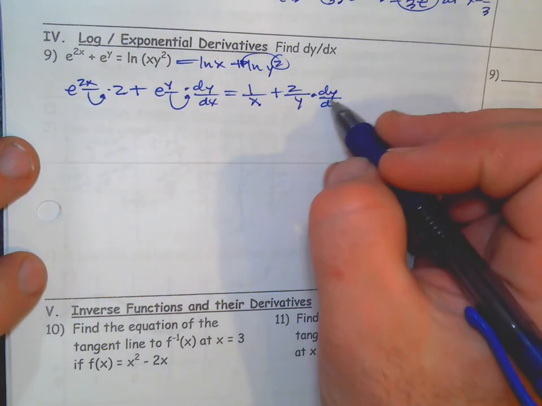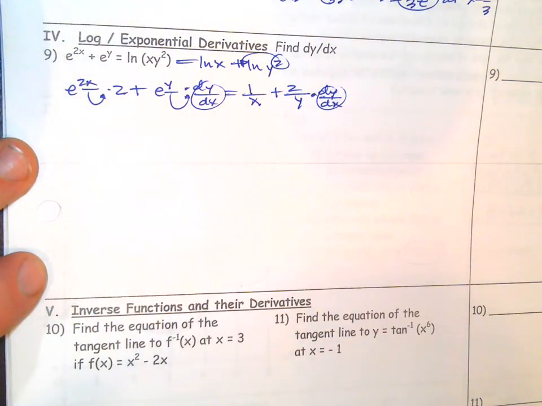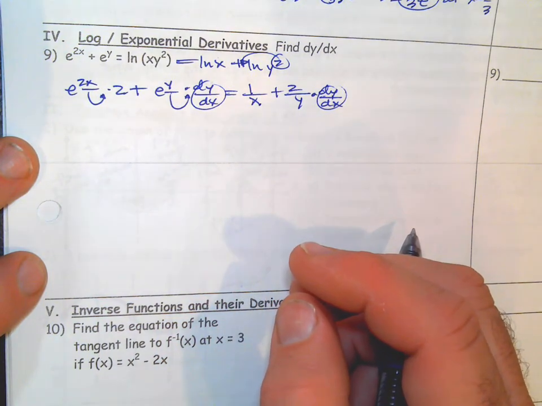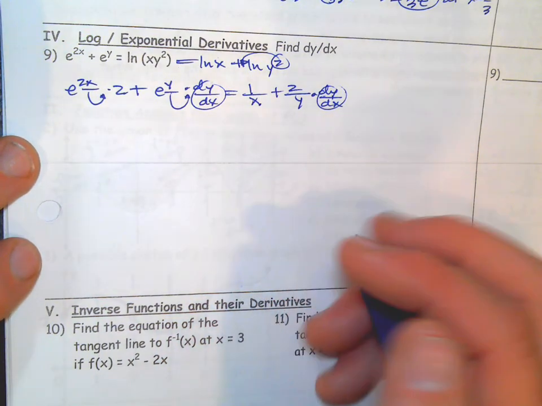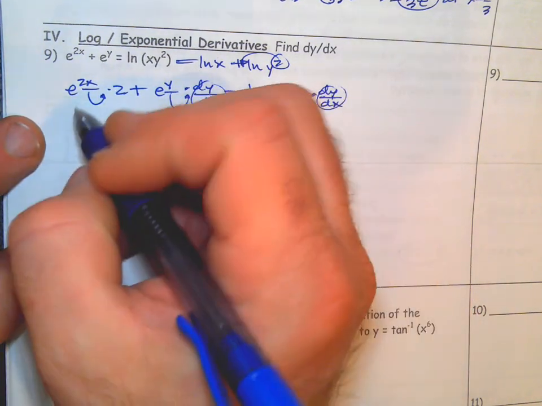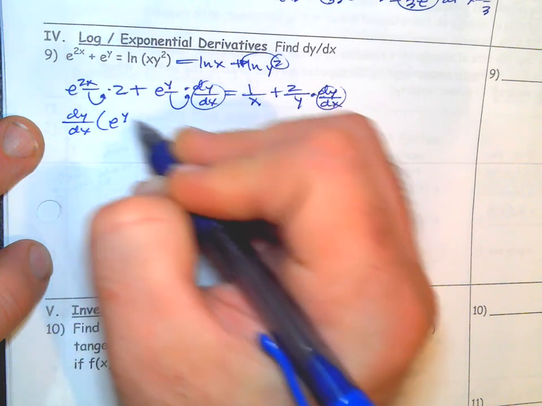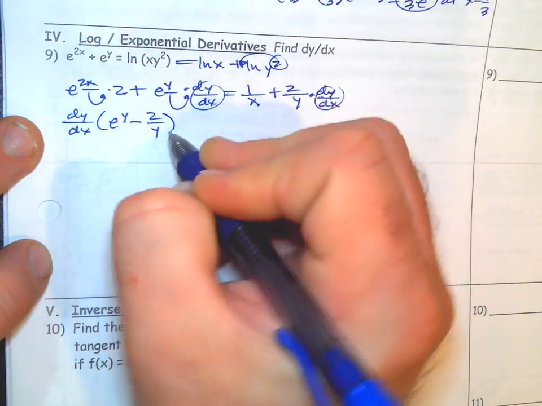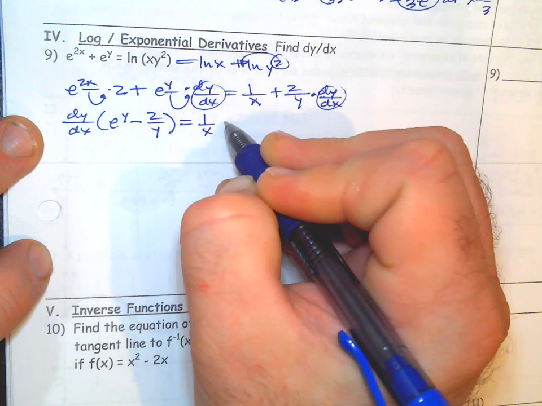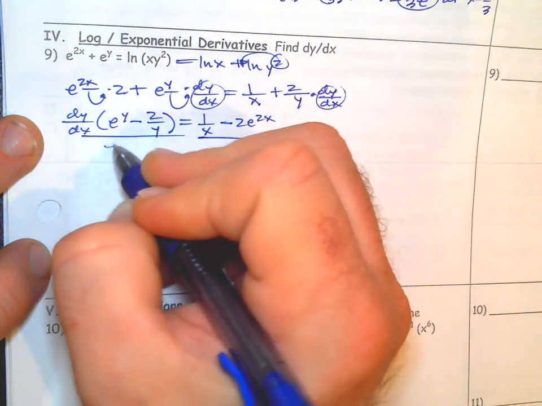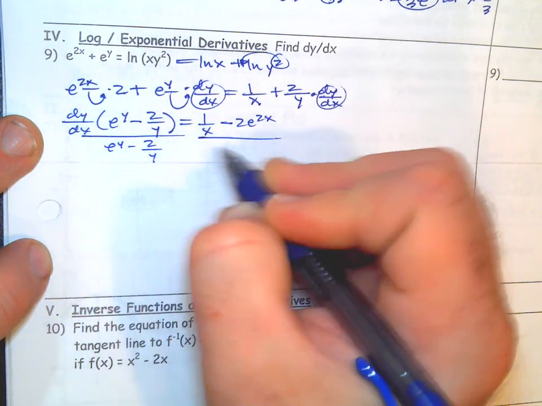Now we have to get dy/dx by itself. Let's see. We can move them on the same side, dy/dx. Factor out the e to the y minus 2 over y. Move the other stuff to the other side. Divide by e to the y minus 2 over y.